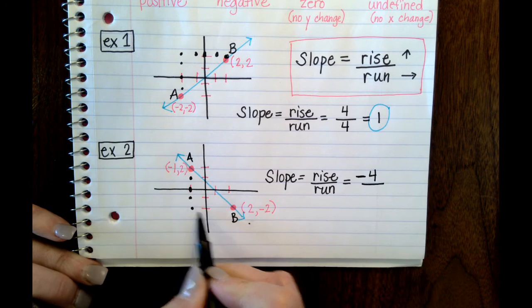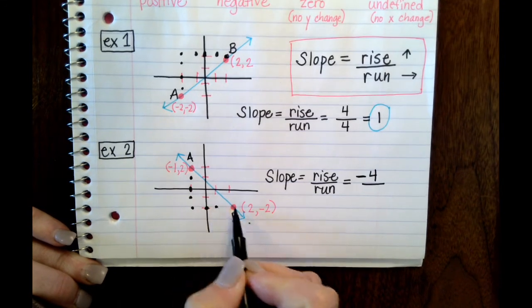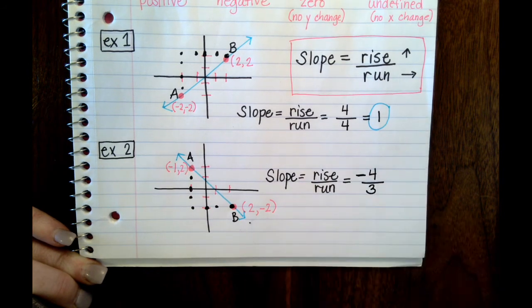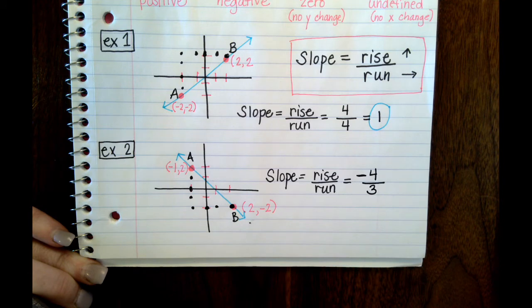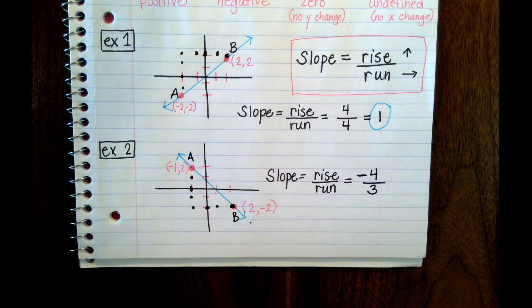And then to get from here to B, I'm going 1, 2, 3. That was a +3 because I went to the right. It would have been negative if I had to go left. Okay, there's nothing I can do to simplify that. We don't want to make that a mixed number when you're talking about slope.